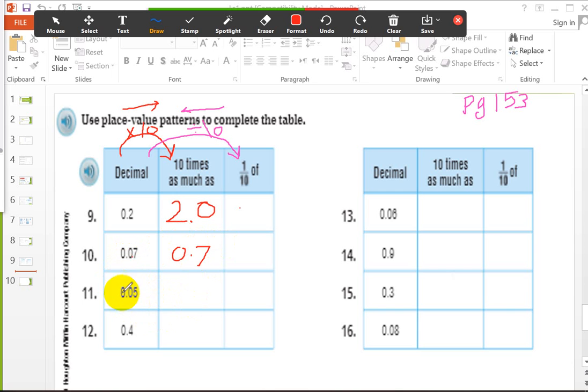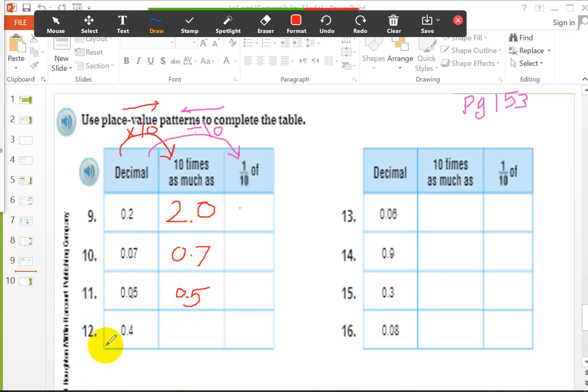Let's do this. 0.5 hundredths. I have to move the decimal point to the right side one digit. If you move it right here, the number will be 0.5 tenths, or 0.5.